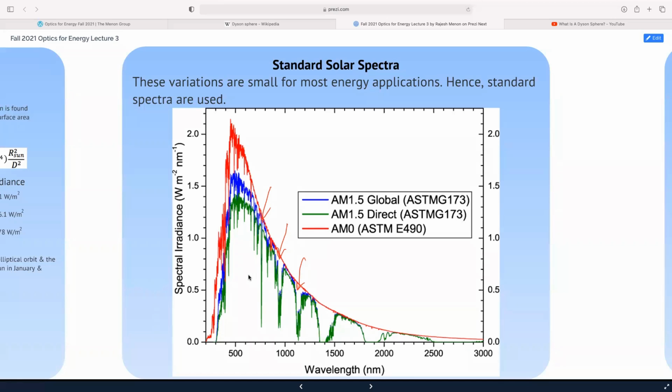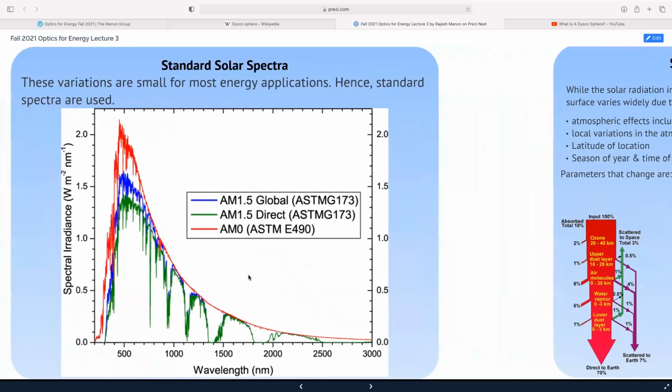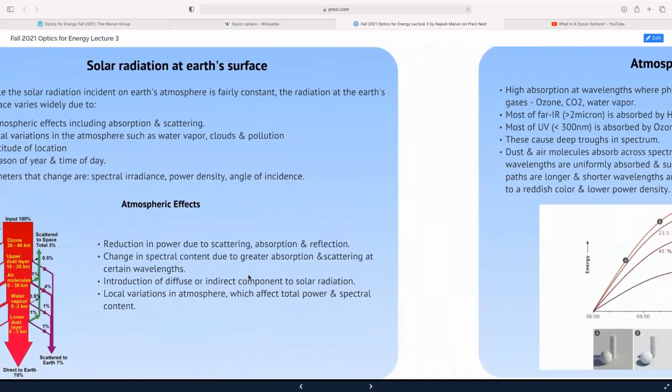The molecules are moving, and when they absorb a photon, they move in a slightly different way. That absorption happens at a very narrow band. This is like a laser, essentially. So that's why you actually end up seeing these things. And there are many of these, right? All kinds of molecules do this kind of stuff.